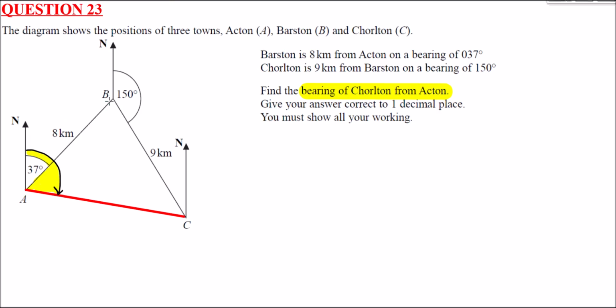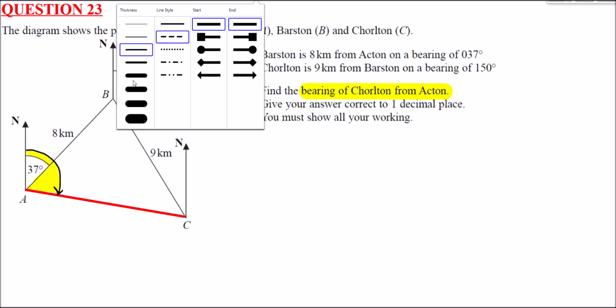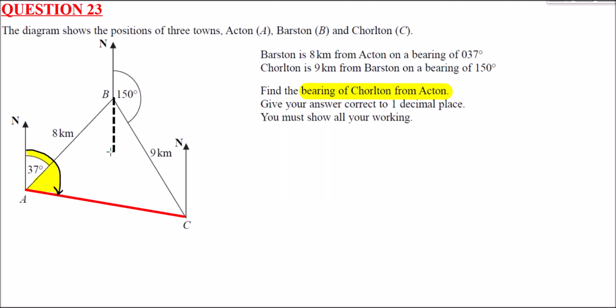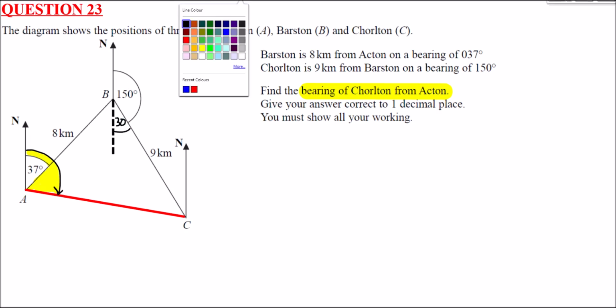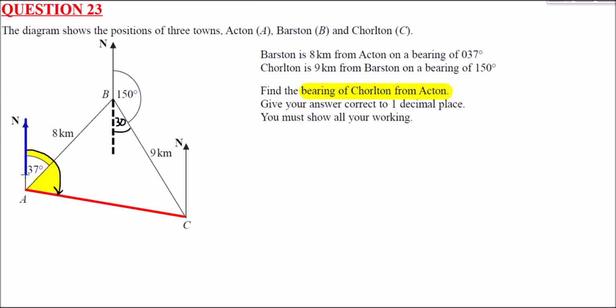The key thing here is going to be this angle at B. So if I just drop down a perpendicular from B, this might make it clearer. Angles on a straight line add up to 180. So we can therefore work out that this bit here must be 30, because 150 plus 30 makes 180. And then, using the idea of Z angles, so not vertically opposite, alternate angles, we've got an alternate angle here, which is 37 degrees, which makes an alternate angle with this portion over here.